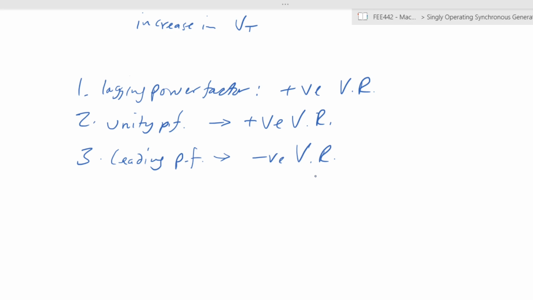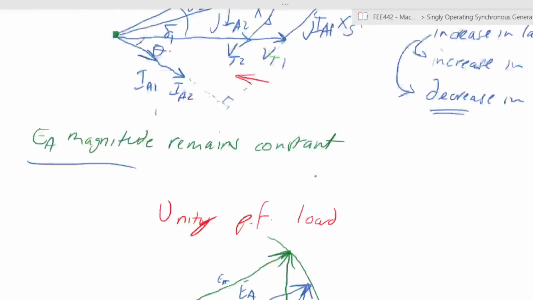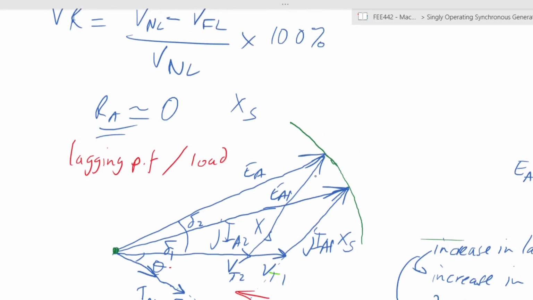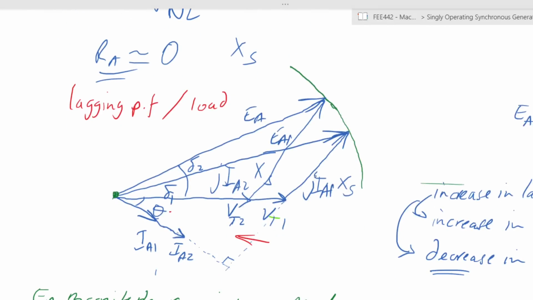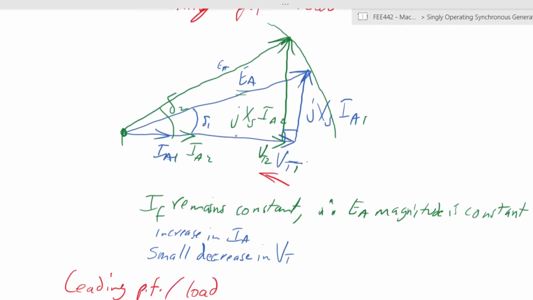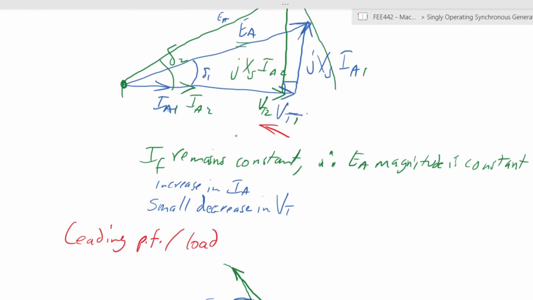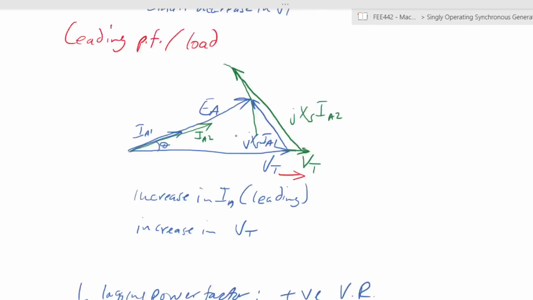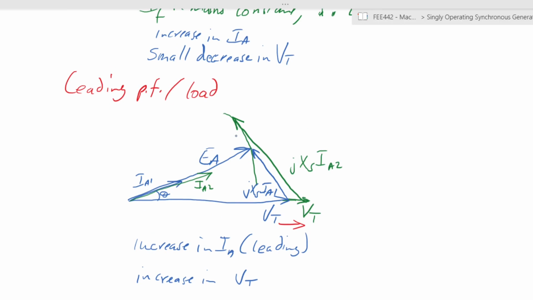And remember to bear in mind that in this particular case, we are saying these are instantaneous loads where we do not have time to change the excitation. So remember that the values of EA are remaining the same during the time periods that we are looking at. In the case of adjusting the value of EA, which we will look at later on, you would be able to compensate for this. So other ways of compensating for this would be that you change the excitation to match.